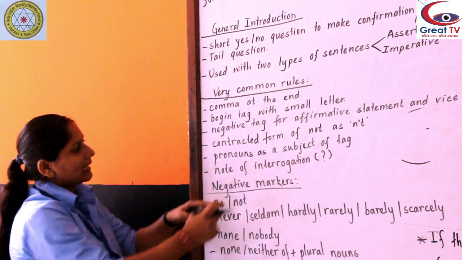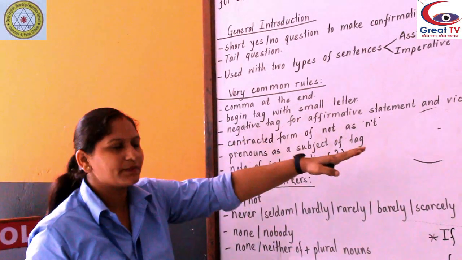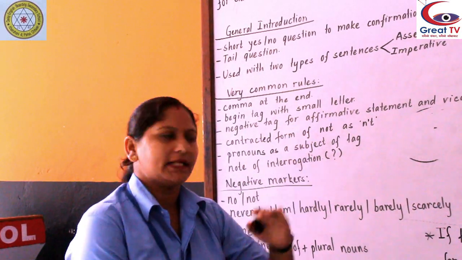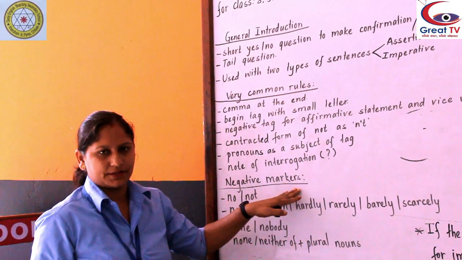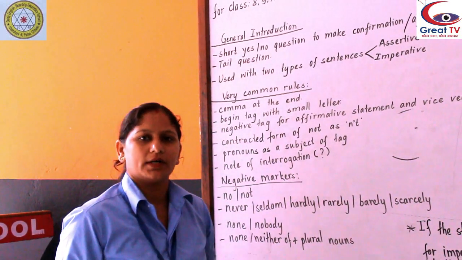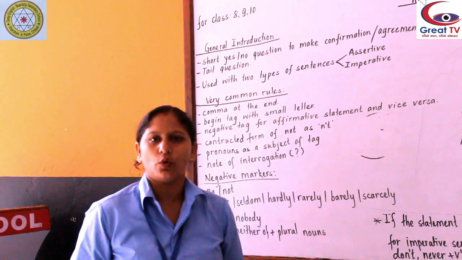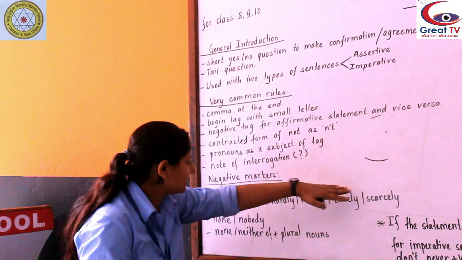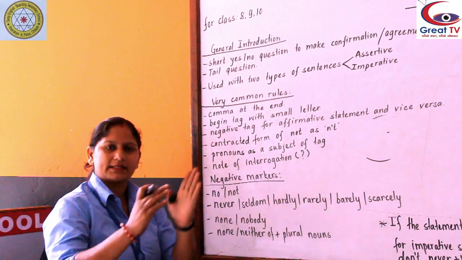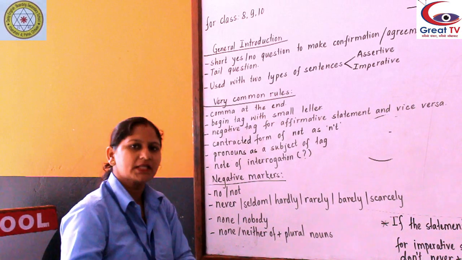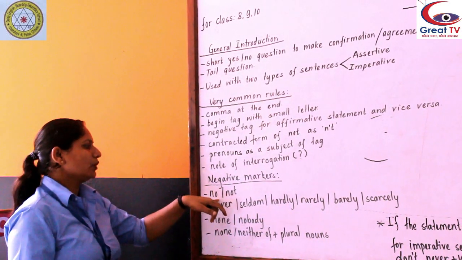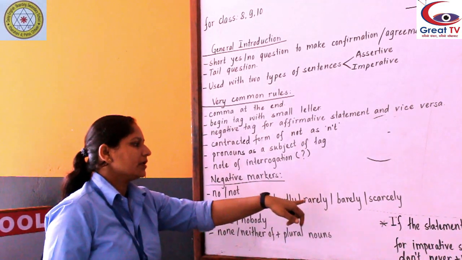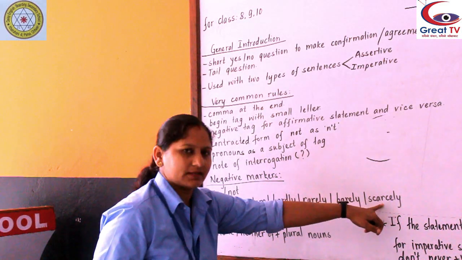As I taught here, negative tag for affirmative statement and positive tag for negative statement. Here are some negative markers, some negative words, the words that give the sense of no or not and make the sentence negative. What are the words? No, not, never, seldom, hardly, rarely, barely, scarcely.